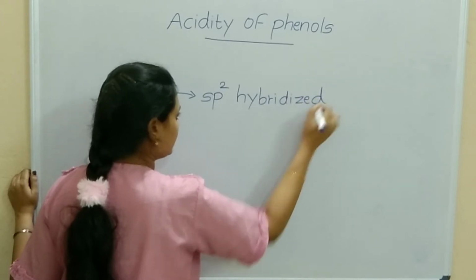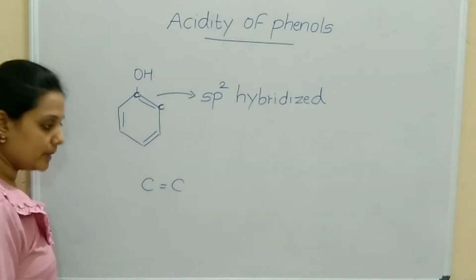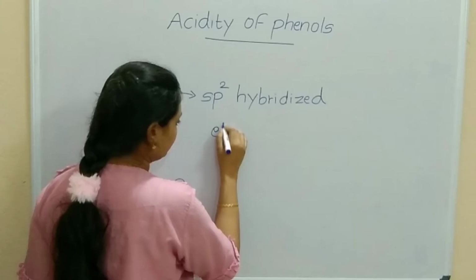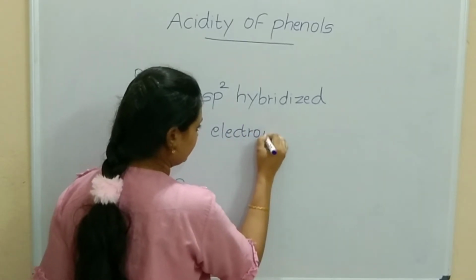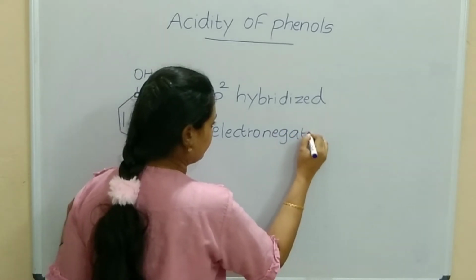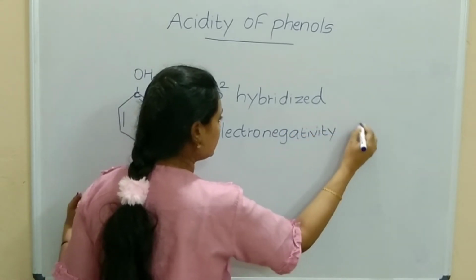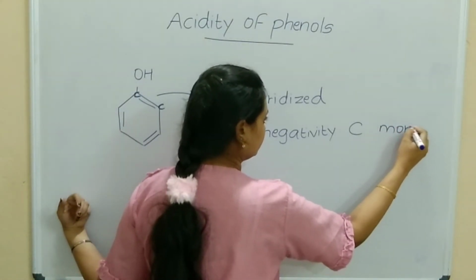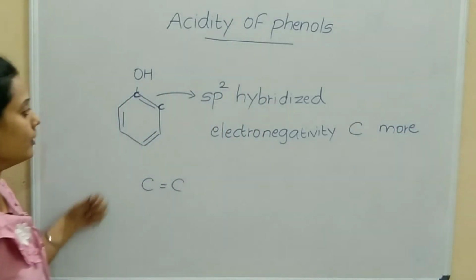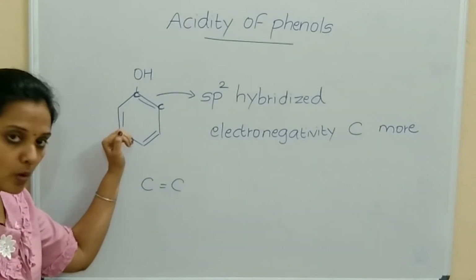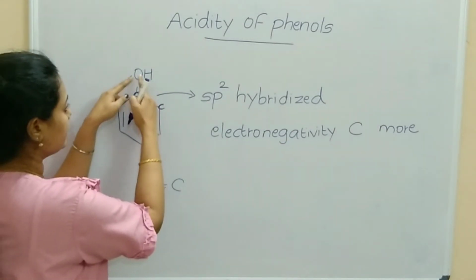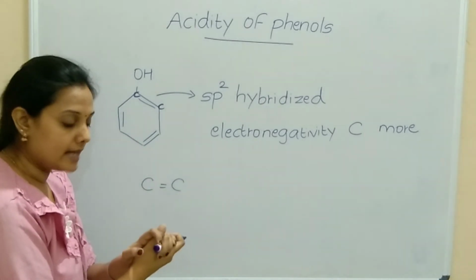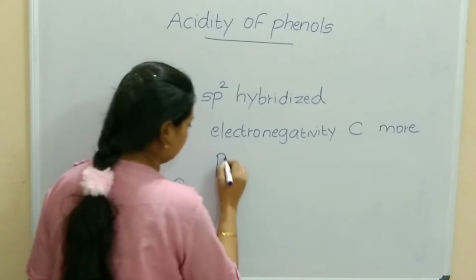If the carbon is sp2 hybridized, that carbon is more electronegative. Electronegativity of carbon is more, which means the polarity of the oxygen to hydrogen bond will increase.